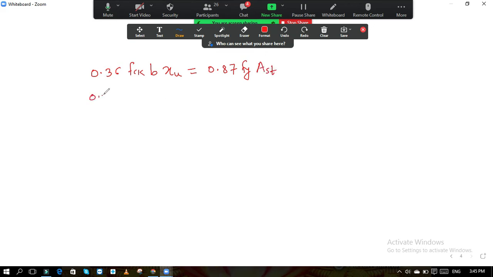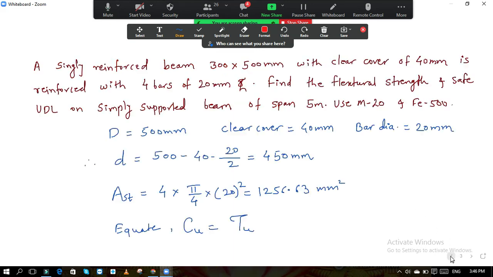So 0.36 into fck is 20 into b, the width, is 300. So 300 into Xu as it is, which is equal to 0.87 into fy, 415 I think, into Ast, which you have just calculated, 1256.63.